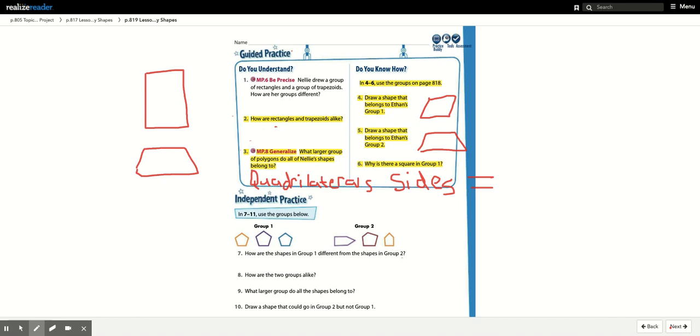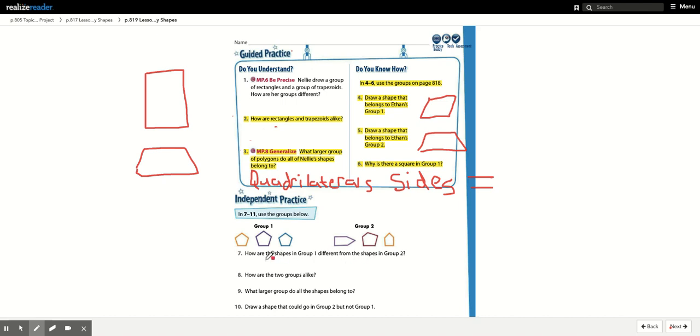Go back and think about what a quadrilateral is. Are these quadrilaterals? Number 7, how are the shapes in group 1 different from the shapes in group 2? So how are these shapes different from these?